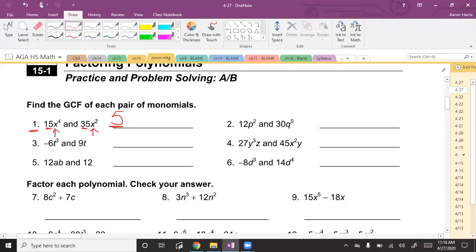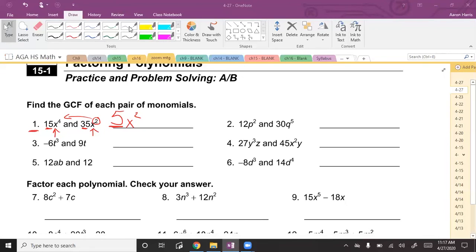So you're saying the 2, correct? Yes. So that means there's at least 2 x's on that side, correct? Correct. So therefore, I can just write 5x squared. So all I have to say is my GCF is 5x squared, correct? Yes. Beautiful.